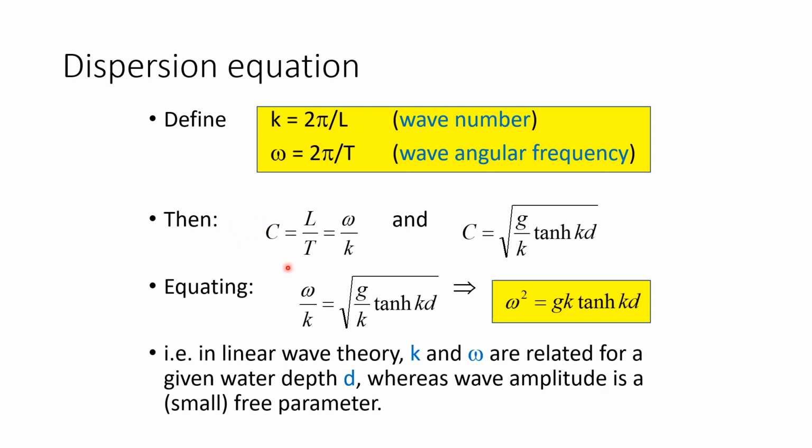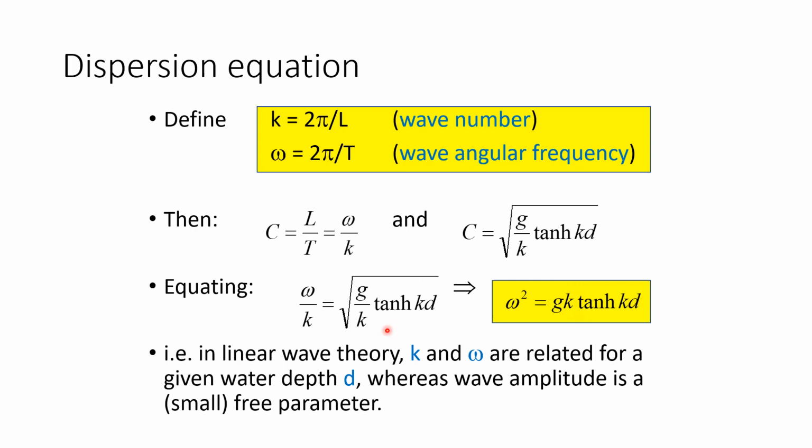Now meanwhile, we know that the wave celerity C equals this expression, whereby it depends on the water depth d. So what we can do next is write C as omega over k and C as this expression from here, then simplify so that we get the dispersion equation, which looks like this.